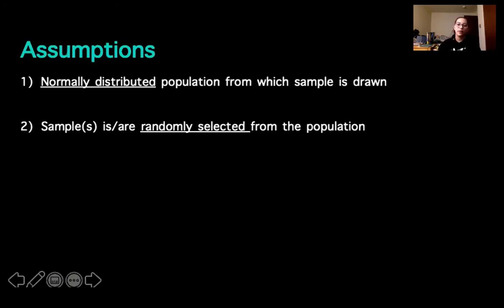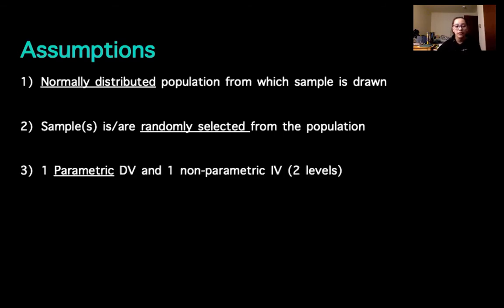That will help give us better chances of our sample being normally distributed. And then third assumption is the characteristics that we need to run a t-test, which were in the decision tree, right? So we need a parametric dependent variable and a non-parametric independent variable that has only two levels. I emphasize only two levels, okay?